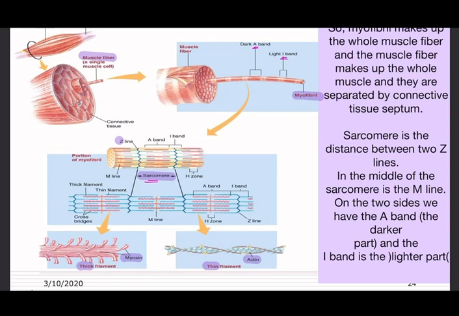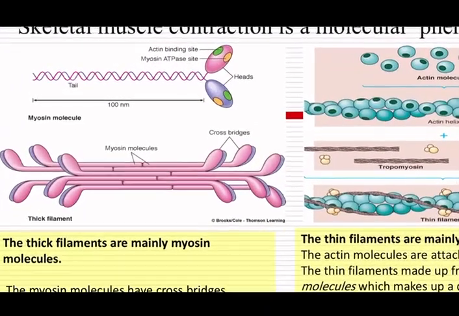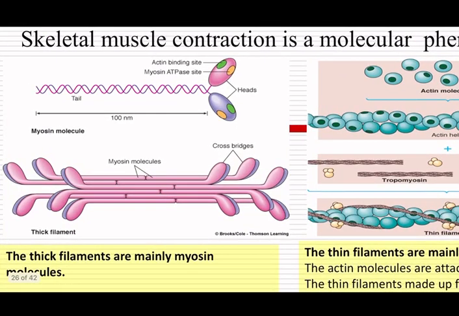The sarcomere is the building block between 2 Z lines. It consists of the thin actin and the thick myosin. So as you see here, myosin would have 2 molecules wrapped around, creating a tail, and have 2 heads.